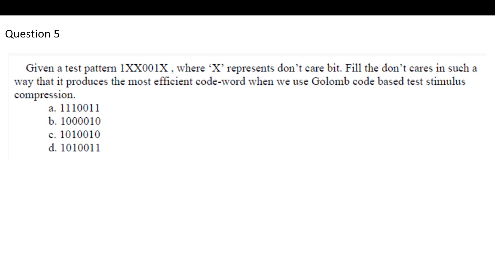So next question, given a test pattern 1 x x 0 0 1 x, where x represents a don't care, fill the don't care in such a way that it produces sufficient code when we use the Golomb based test compression. We have seen that in the Golomb code we wanted a pattern to be 1.